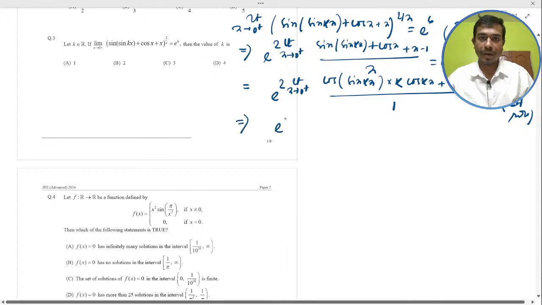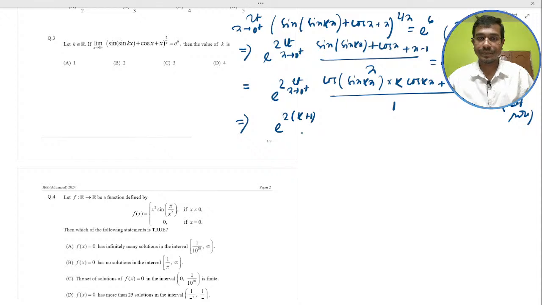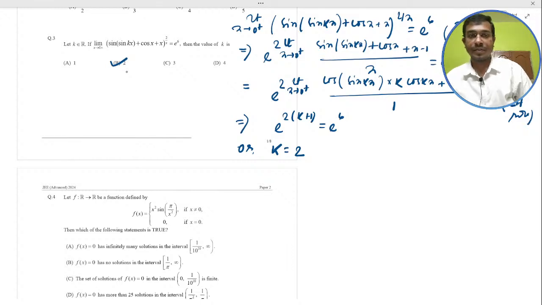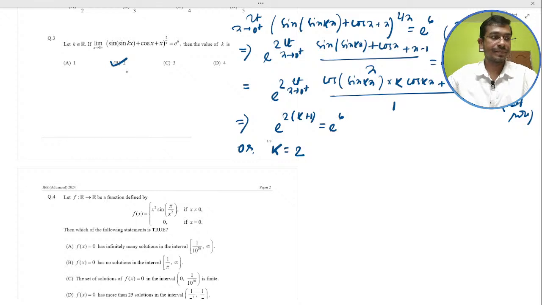This is equal to e to the power twice k plus 1. This is equal to e to the power 6, or you would get the value of k equal to 2. Option B is correct. K equal to 2, option B is correct. Now check.